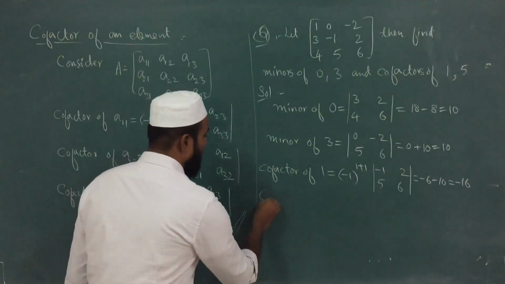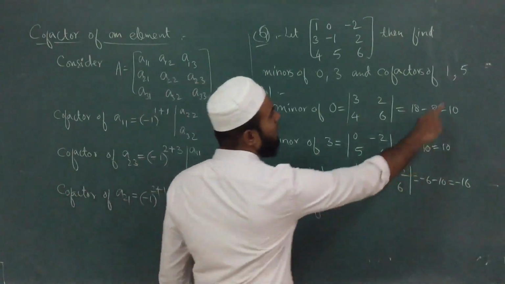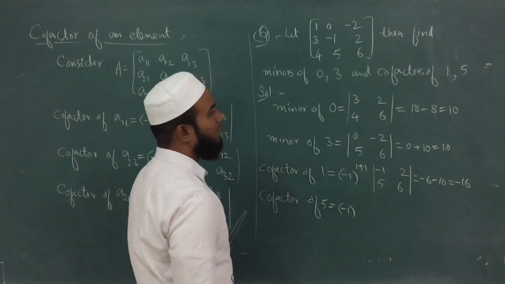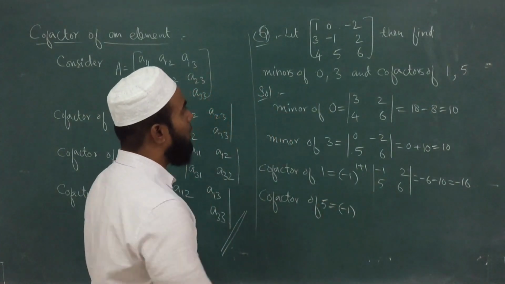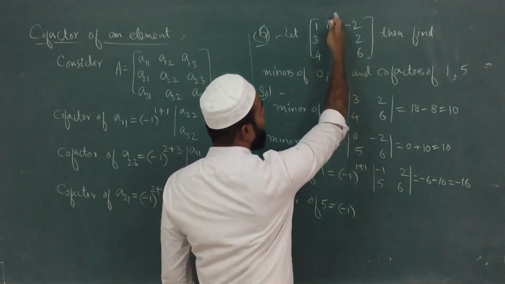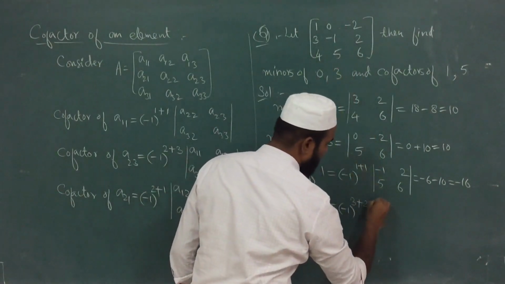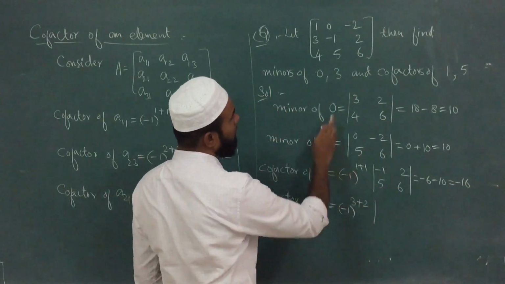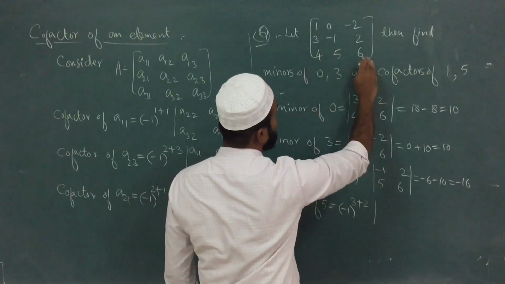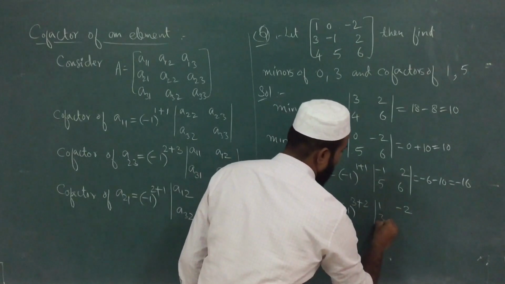Next, cofactor of, what is the next entry? 5. Cofactor of 5, how do we find? Minus 1 power. Where does this 5 lie? 5 lies in the third row and second column. Into minor of 5. Minor of 5, how do you find? Remove this row and this column. Then 1 minus 2, 3 2.